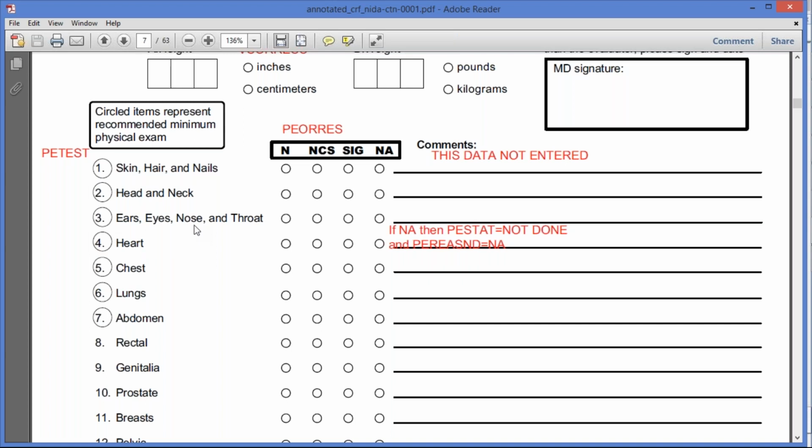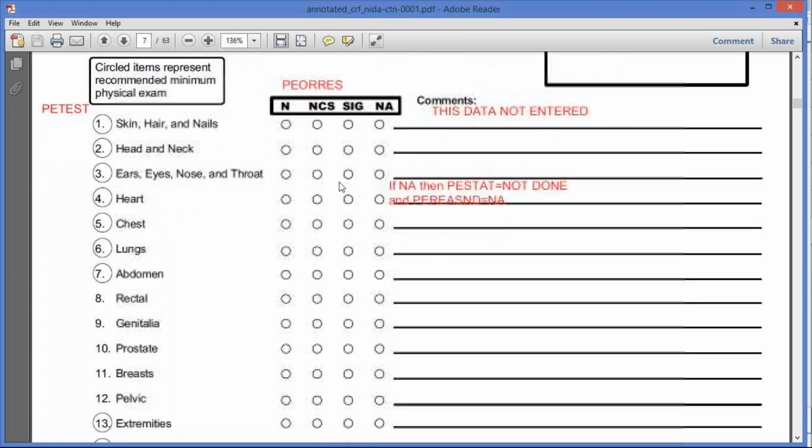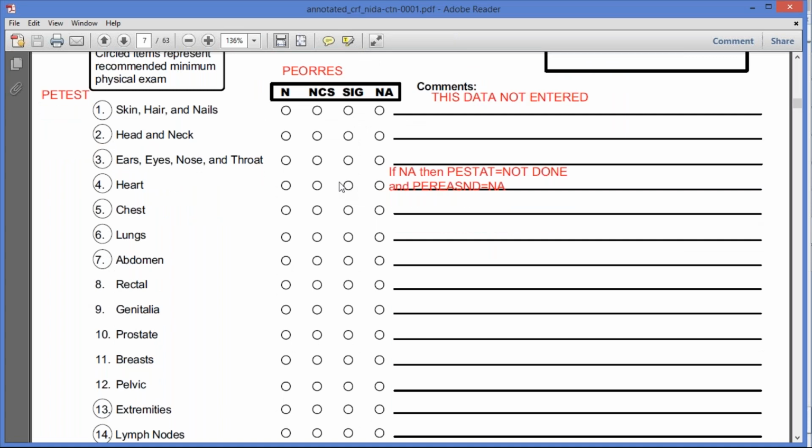Not significant, not clinically significant, significant, unknown. We collect all the responses. So it is nothing but the status of your body system. Let's say nervous system, skin, ENT, gastro: the status of the body system.